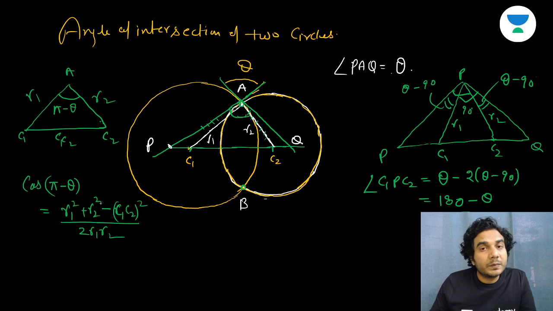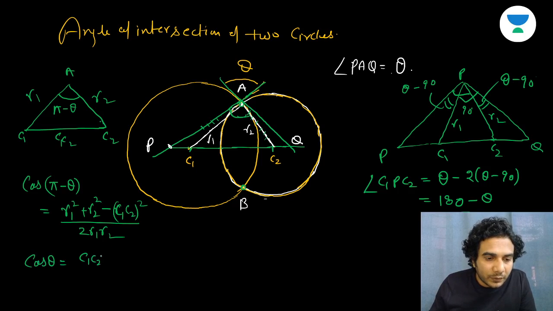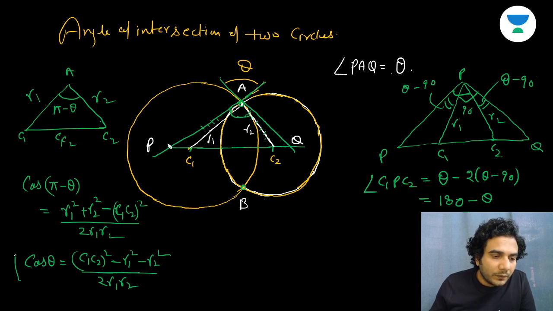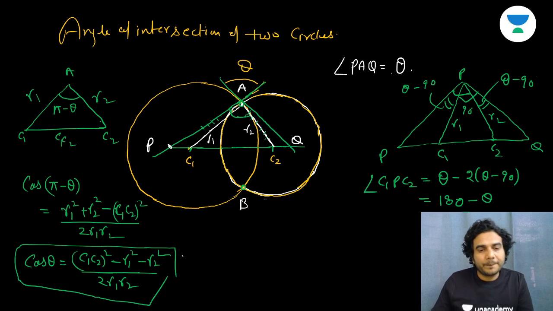Cos pi minus theta is minus cos theta, so from this you'll get cos theta is equal to, minus you can send to right hand side, C1C2 the whole square minus R1 square minus R2 square divided by 2R1R2, okay. So this is the formula which you can use to find the angle of intersection of any two circles, okay.